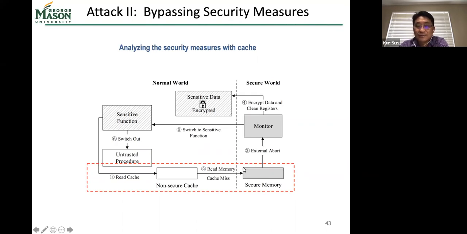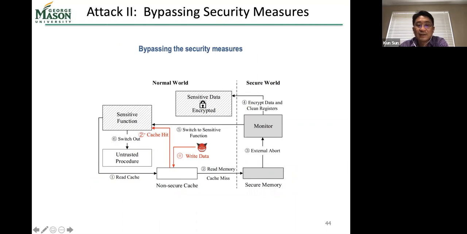But actually, attackers can allocate some data into the non-secure cache. So this time, the secure application will read this memory, right? They think they read the secure memory, but this will first go through the non-secure cache.